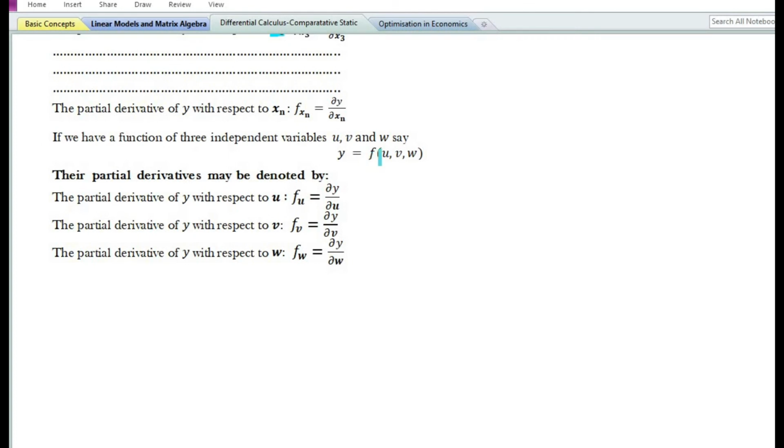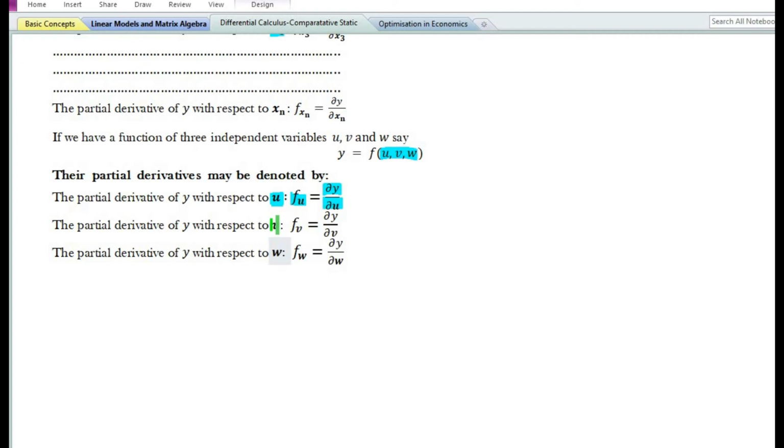Let us consider a function of three independent variables u, v and w. If we allow the independent variable u to change while holding v and w constant, the partial derivative of y with respect to u is denoted by f subscript u or del y by del u.